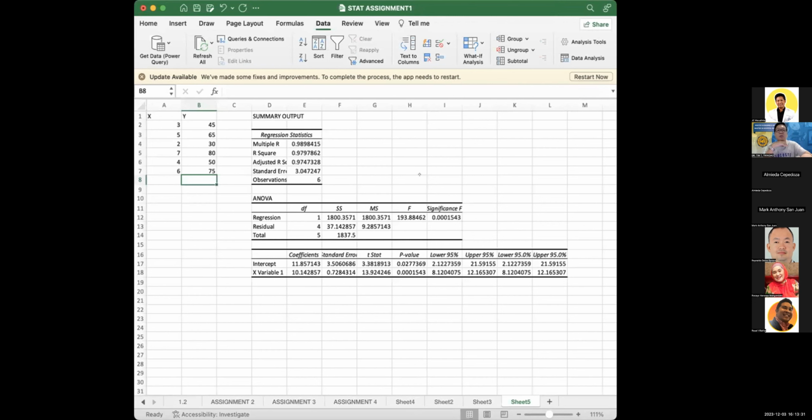Okay, so I just would like to go back to the summary output. When you interpret this table, there are 5 things that you have to consider or to point out.